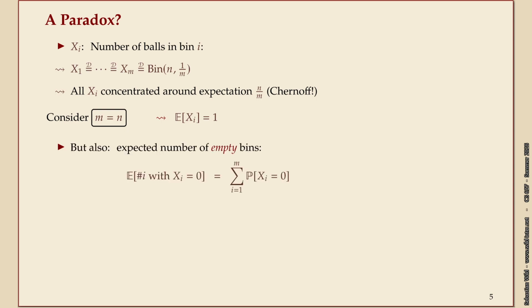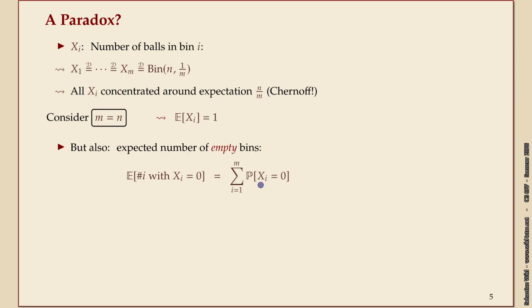At the same time, let's count how many bins are expected to be empty, no balls at all. Well, the total number is linear, so I can sum up for every bin, are you empty or not?